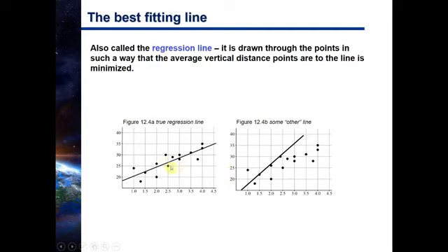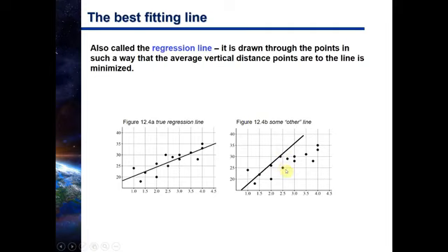Remember, as long as you use the formula for the regression line, it will absolutely positively be the case that this line has been drawn to minimize the vertical distance points are to the line, if you use the formula correctly. If you use it incorrectly, or you draw freehand, and you get some other line, then I guarantee you the average distance points are to the line is going to be larger.